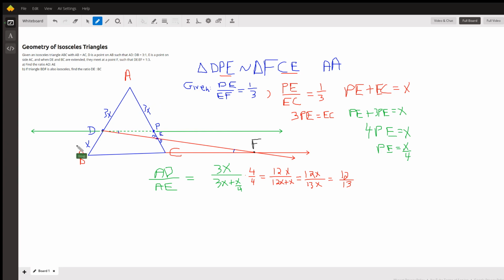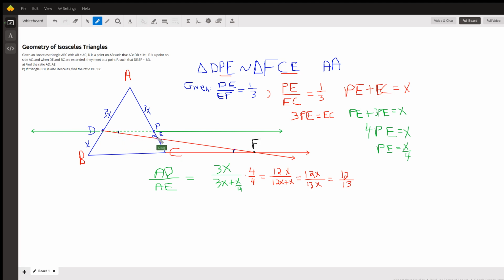E could be up in here and you'd have a different situation. But they meet at point F, and because of parallel lines being cut by a transversal, this line DF, alternate interior angles are congruent. That's these two little angles right here.